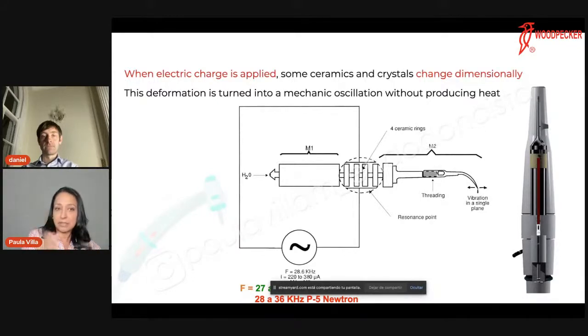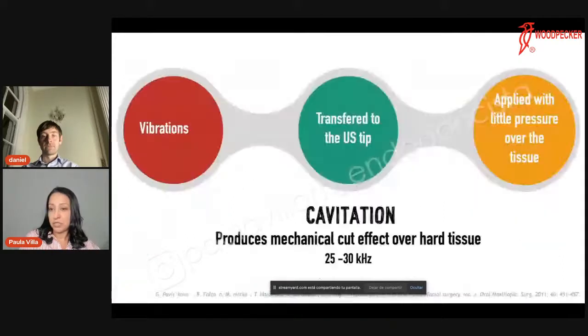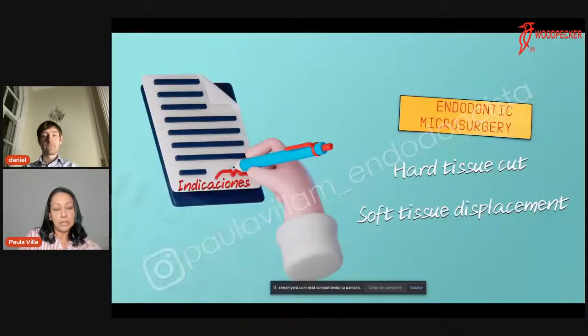That change generates vibrations, and those vibrations are transferred to the ultrasonic tip. Those vibrations over hard tissue can cut hard tissue, not only bone, but tooth. So in endodontic microsurgery, we can use this technology to cut bone, to perform the apicoectomy, and for soft tissue displacement.